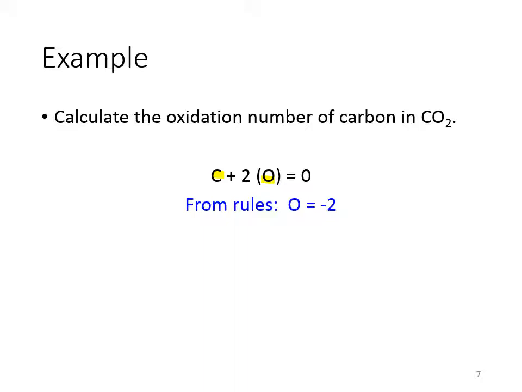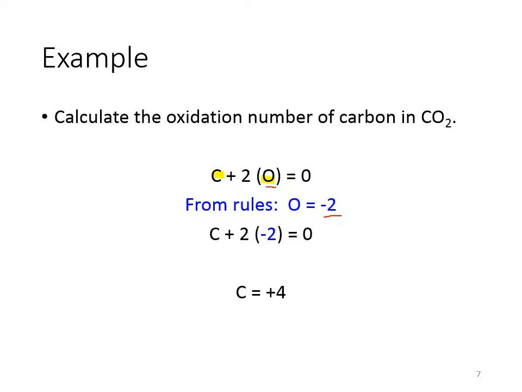I can substitute in the oxygen for the -2 charge, and then I have a simple math problem to solve. The oxidation number of the carbon plus 2 times -2 must add up to 0. A little simple mathematics tells me that carbon in this case must be a +4. It has to cancel out all 4 negatives coming from the oxygen.